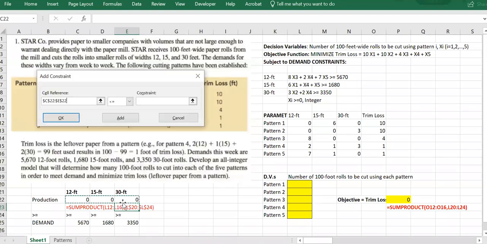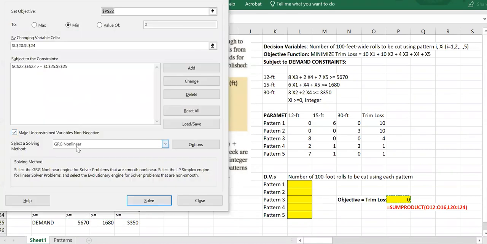So these are the ones. I have to have my production greater than or equal to the demand for each size of the paper rolls. Okay. And then I have to change the solving method to simplex LP.